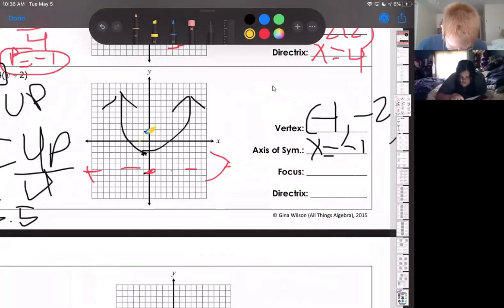So our yellow point was 0, 1.5, right? Yeah, that's what I said. And our directrix was that red line, so that would be a horizontal line. So y equals, and how far did I say it went down? It was -5.5.